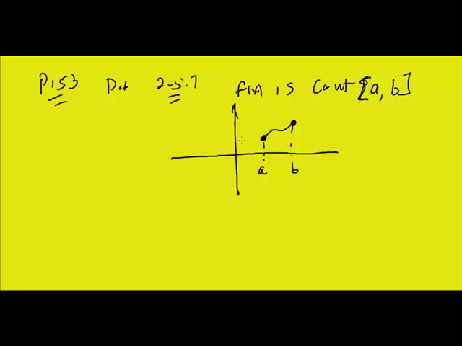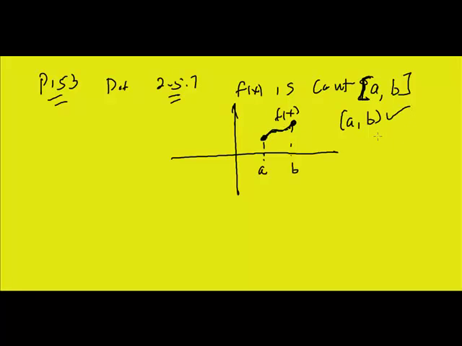Let's say it's continuous on a closed interval, and as you can see there's no breaks there, then that means this has to be continuous on the open interval too. If you just look at the middle, this is the open interval a to b, this is my f of x, so that means in between a and b it has to be continuous, and it is, so that checks off.